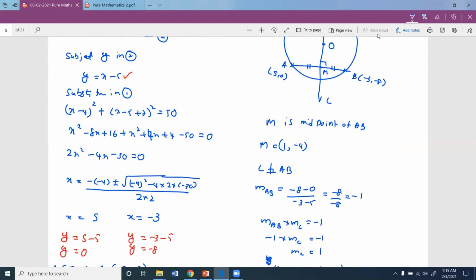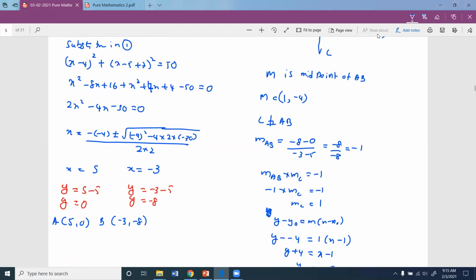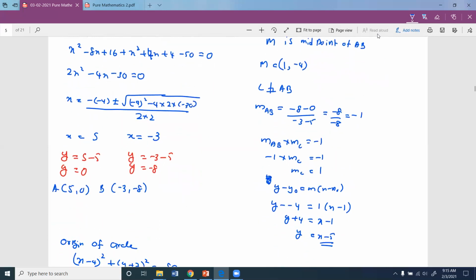The midpoint is (minus 3 plus 5) over 2 and (minus 8 plus 0) over 2, which is (1, minus 4). The gradient is minus 8 divided by minus 8, which is 1. Its gradient is 1, y minus minus 4, and x naught is 1. So y equals x minus 5. That is correct.